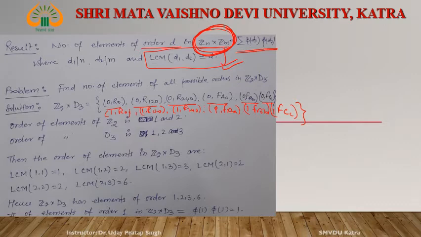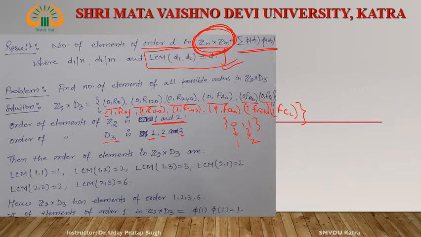Order of elements of Z2: Z2 contains two elements, 0 and 1. The order of 0 is 1, the order of 1 is 2. So the possible orders of elements of Z2 are 1 and 2. And the orders of elements of D3 are 1, 2 and 3. The order 1 element is R0. The order 2 elements are all the reflection operations, Fa, Fb, Fc. And the order 3 elements are R120 and R240.